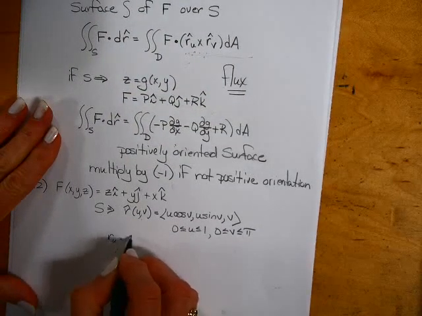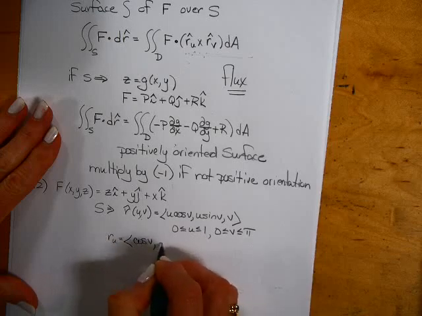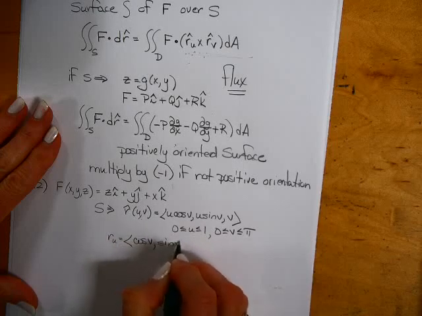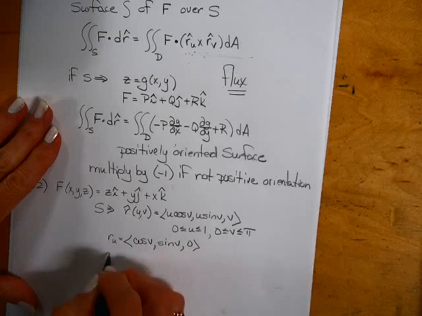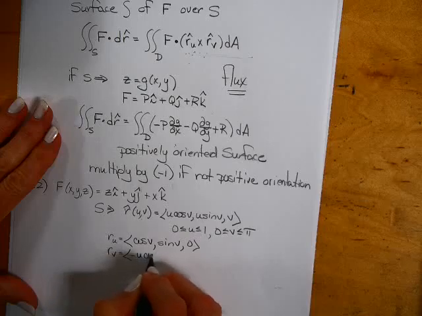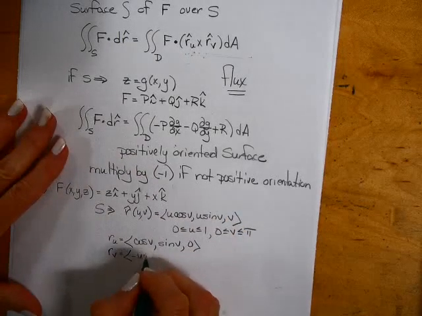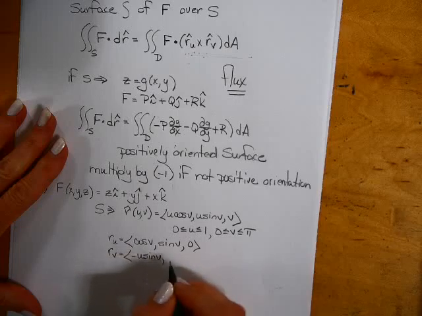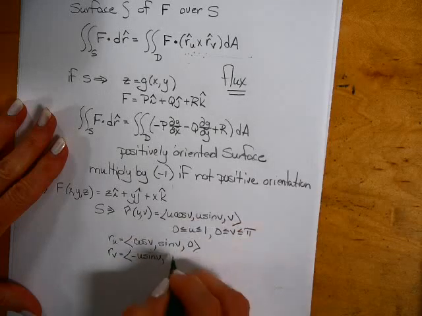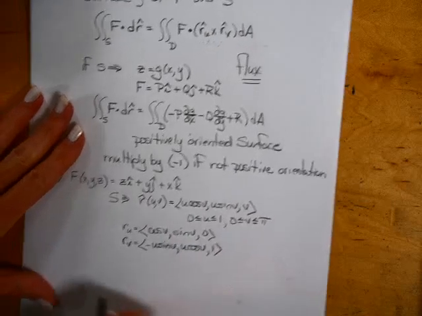So r with respect to u is cosine v, sine v, 0. R with respect to v is negative u sine v, u cosine v, and that's a 1.